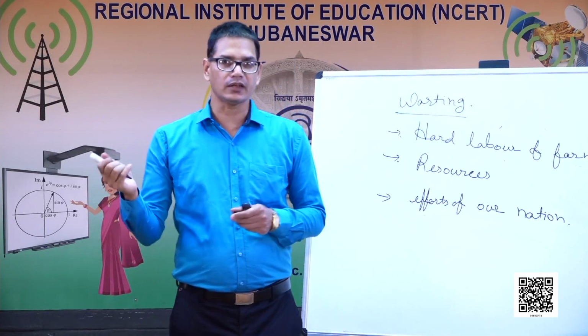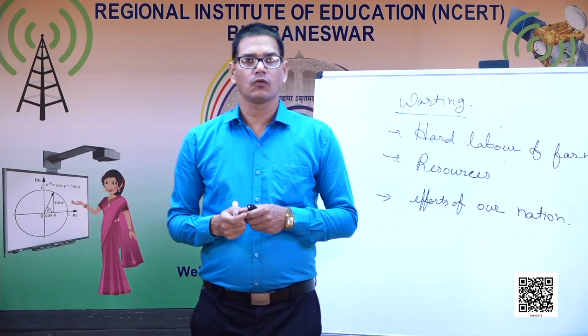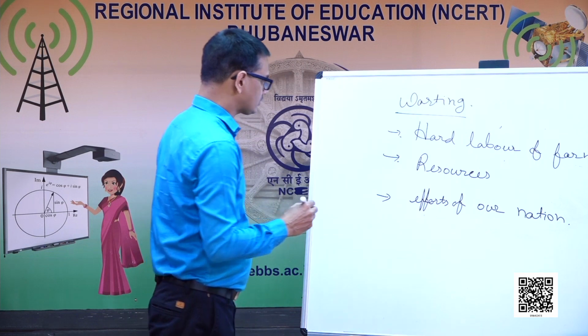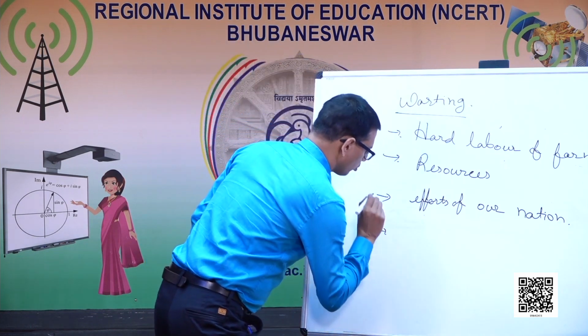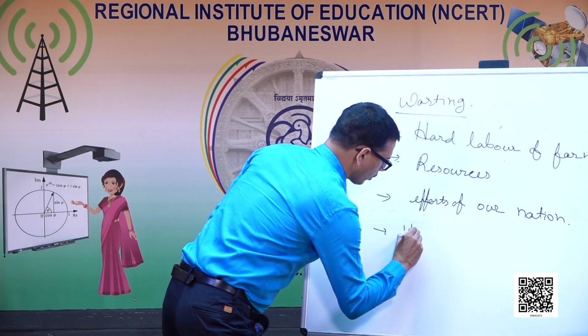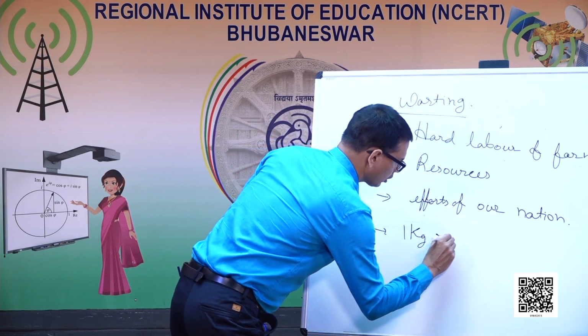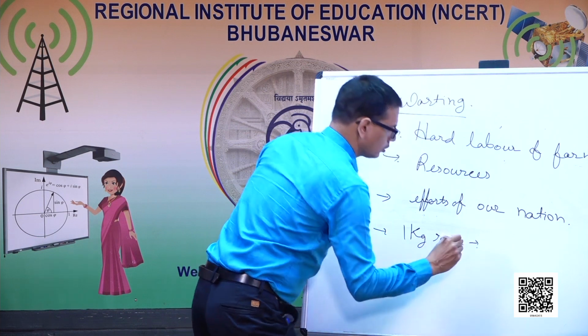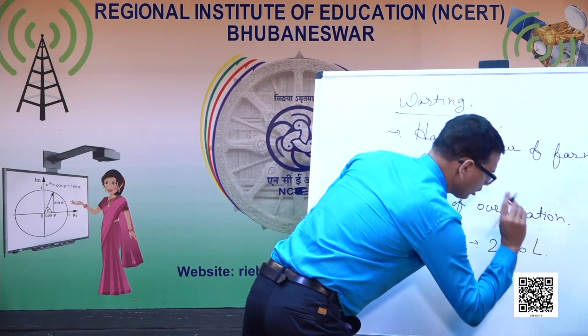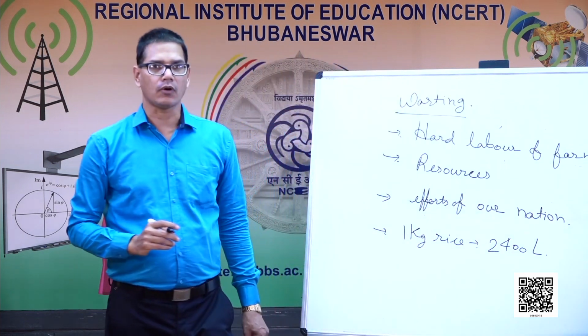And one more important thing, to produce 1 kilogram of rice, can you guess how much water is required to produce 1 kg of rice? Approx 2400 liter water is required.